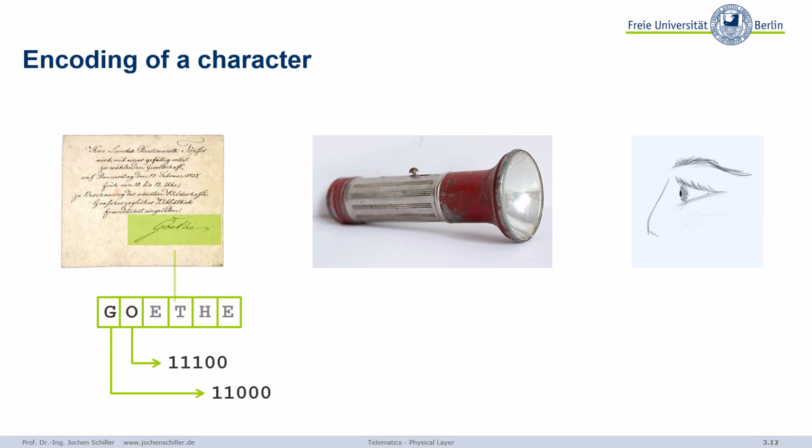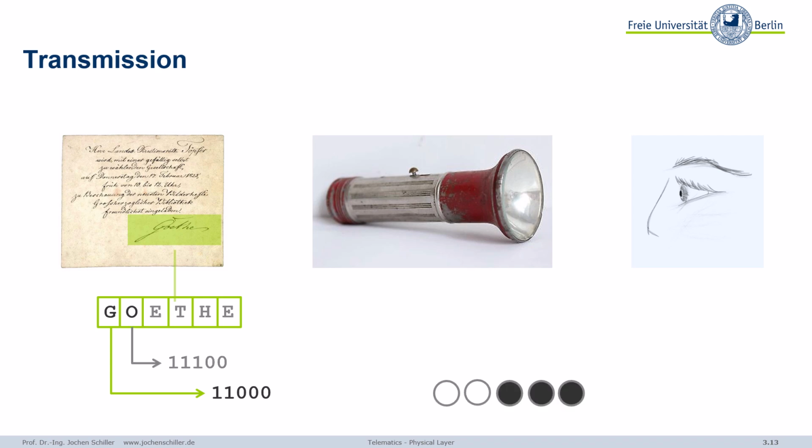So we have to encode the G, we have to encode the O, and we have to agree upon the rules for how we translate the ones and the zeros into a signal. Maybe the ones are bright, shining light, so you see here 2 times light, and the zeros are no light. Sounds very simple. Light, no light.